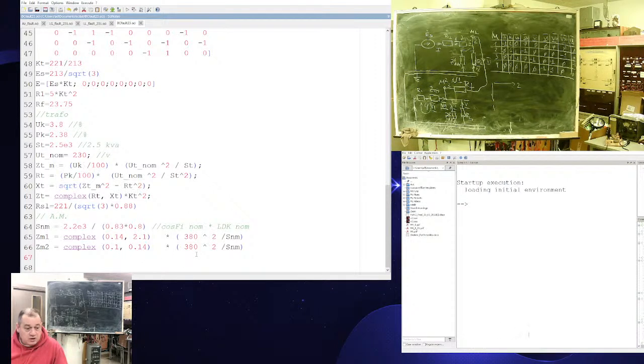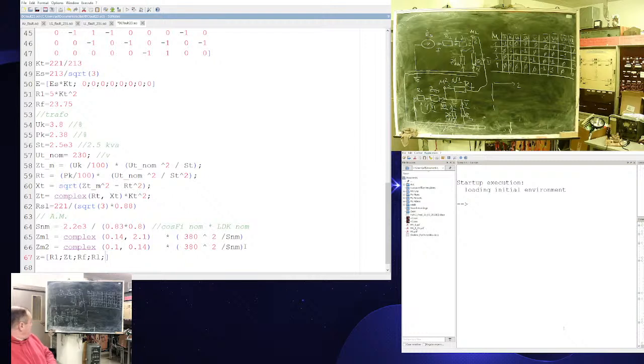Now, what I'm doing, I'm constructing the resistance vector by branch. What's the resistance of the first branch? Resistance of the first branch is R1. Resistance of the second branch is the transformer. Resistance of the third branch is RF. Branch number 4, it's a load.